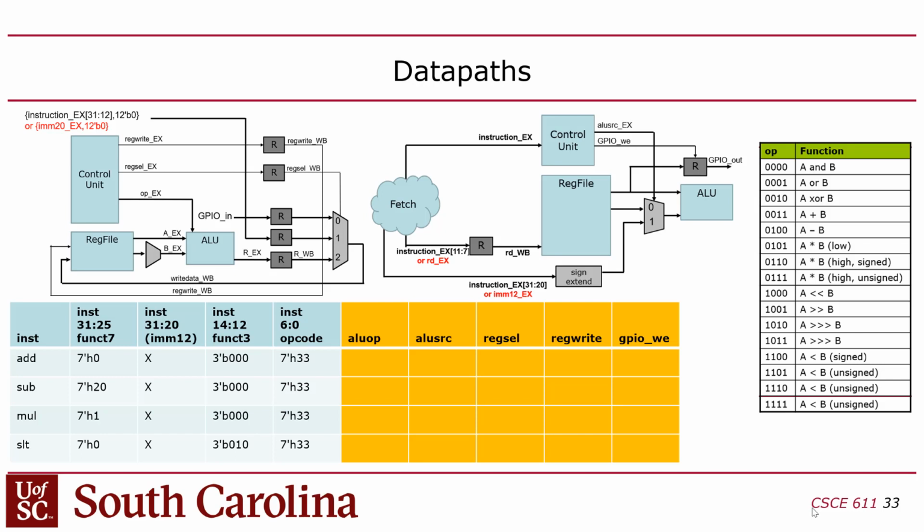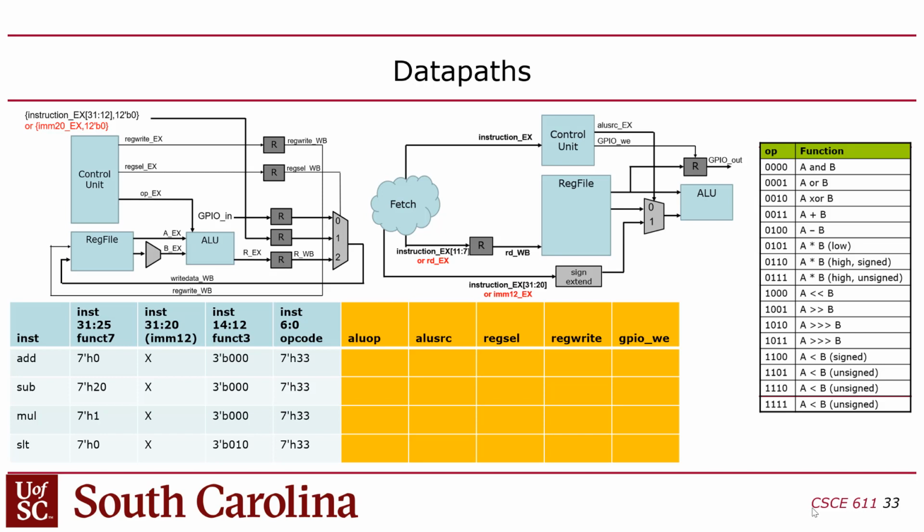Okay, so let's fill this in. So if you're doing an add instruction, actually, I filled this in by column. So here are the instructions I've got so far: add, subtract, multiply, and set less than. These are all R types. They're all very similar. Basically, the only difference is what ALU op code you use.